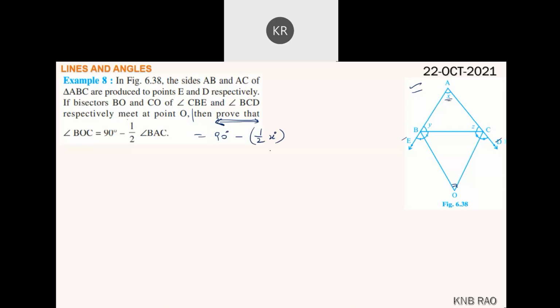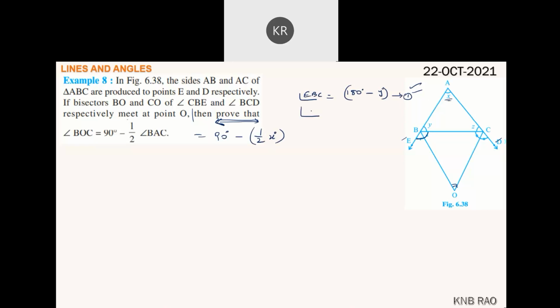How to prove this? Remember, this is angle EBC. Angle EBC is 180 degrees minus y. Why did I take 180 minus y? Because they are linear pairs.